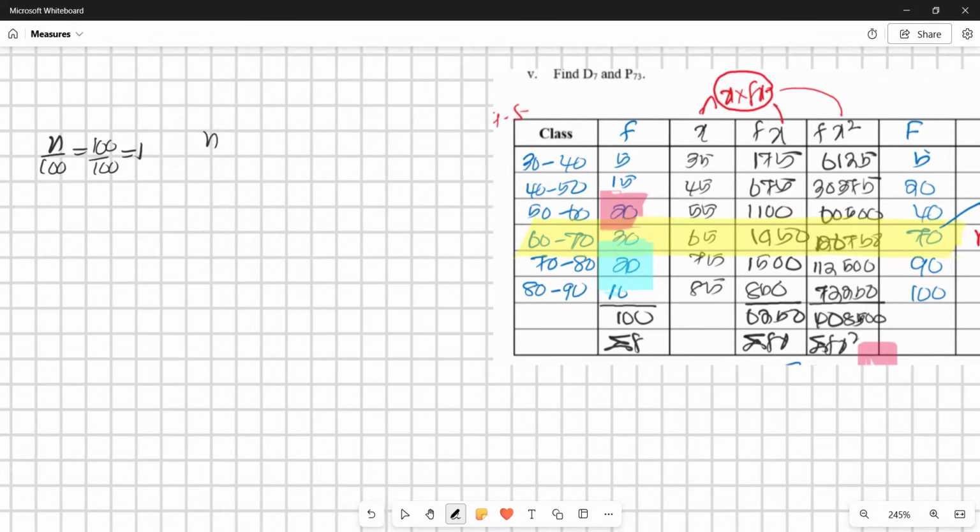Then n divided by 100 into 73, because of the 73rd percentile. Therefore this is 1 into 73, exactly 73. This is the item you have to find. The 73rd item does not appear here, this is up to the 70th. The 73rd item appears here.